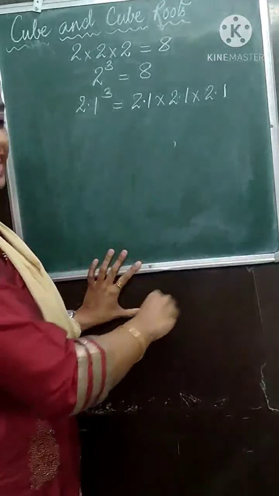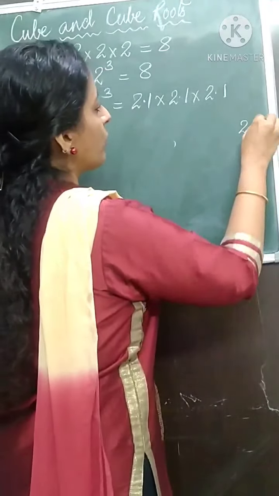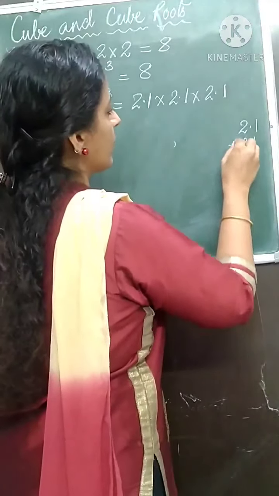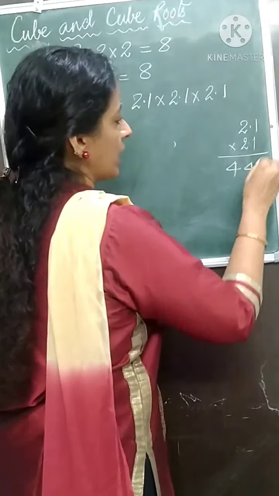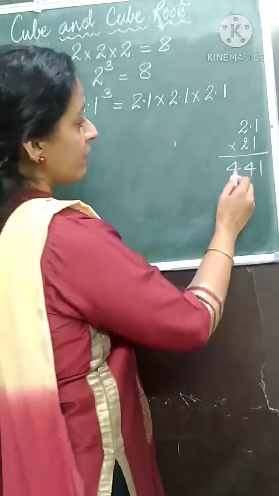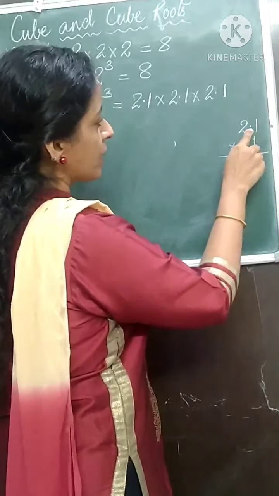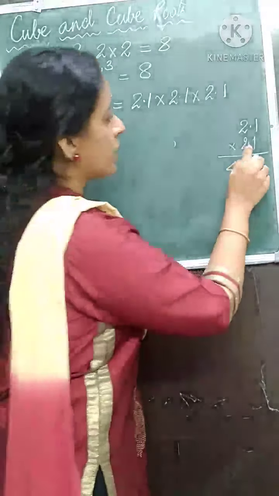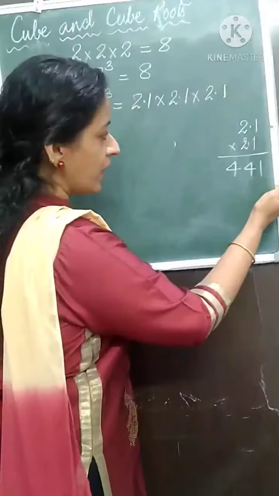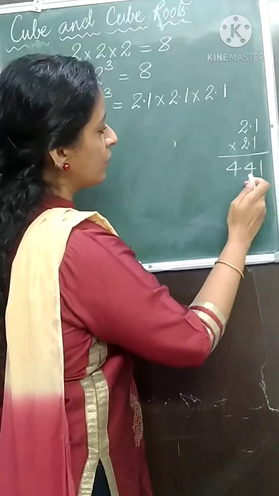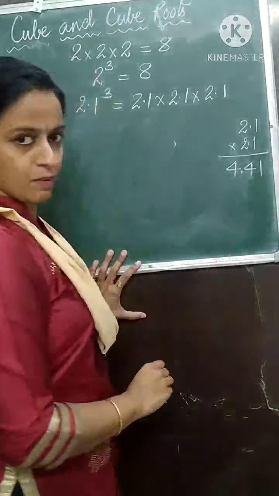We'll multiply it 3 times. Let us multiply 2.1 into 2.1. 21 into 21 will be 441. This you should know. Then where will you put the decimal point? Here after the decimal point 1 digit, after the decimal point 1 digit. 1 and 1 is 2 digits. So from the right, leave 2 digits and put the decimal point.